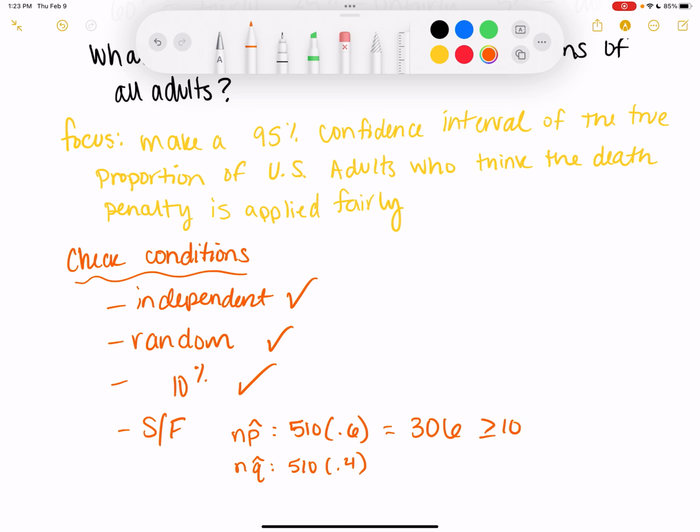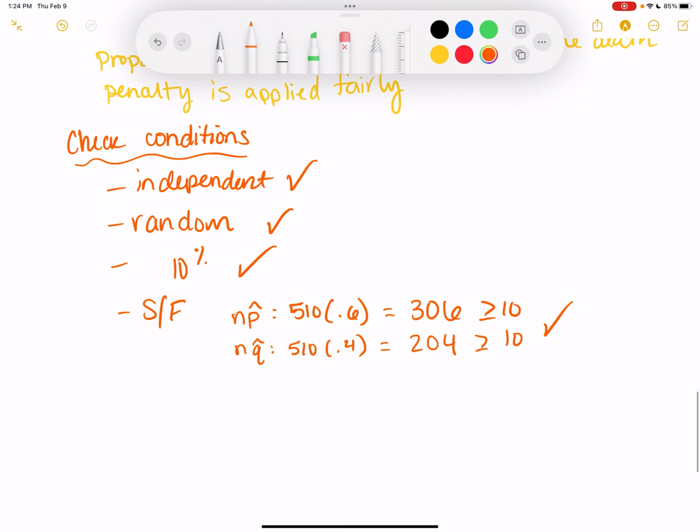And the failures are 204. So, met, meaning we can use a normal model.